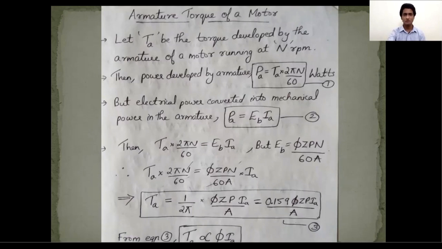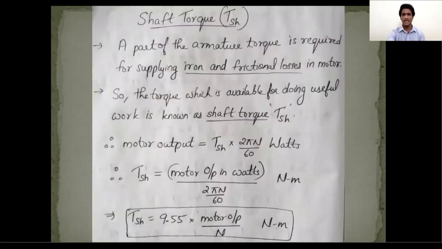Now let us move on to the shaft torque. As I said earlier, power will be developed in the shaft when it is connected to my armature, by which we connect my armature to my mechanical load. So a torque will be developed in the shaft, and a part of the armature torque will be required to supply iron and frictional loss in the motor.